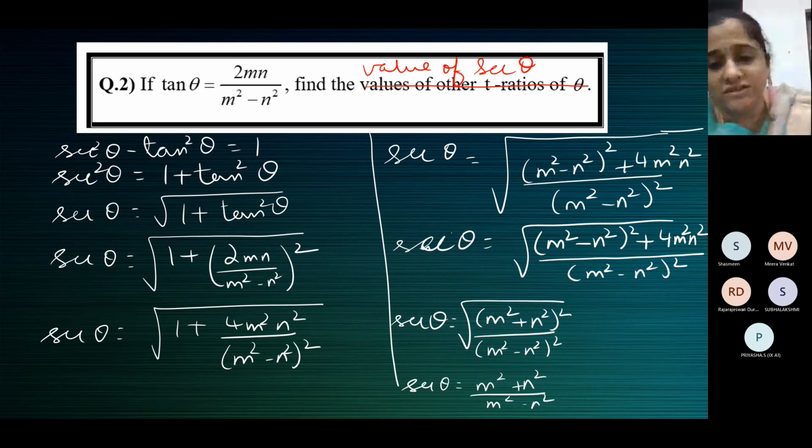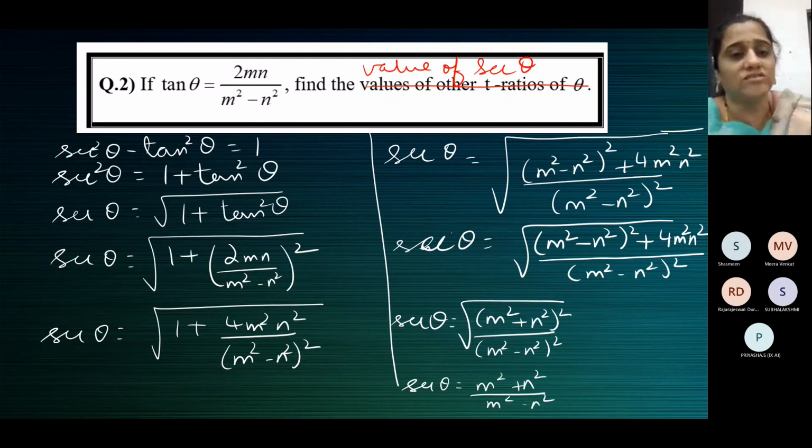So what's the value of cos theta, class? Cos theta is the reciprocal of secant theta, m square minus n square by m square plus n square.